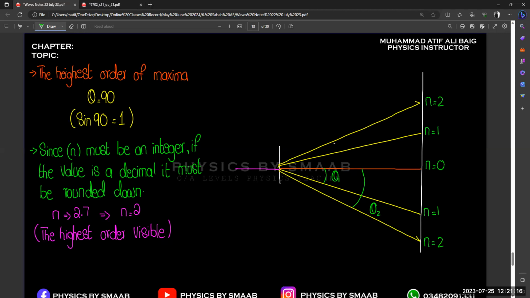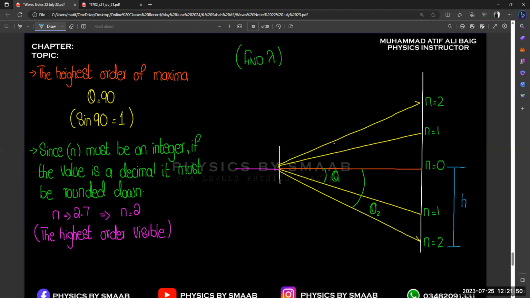So now what we need to do is find out the wavelength from the diagram. So how are we going to find out the wavelength from the diagram? Let's suppose from the center, we consider the second order from the central line. So starting from the central line, if we consider this total distance, this will be our vertical height from the center.